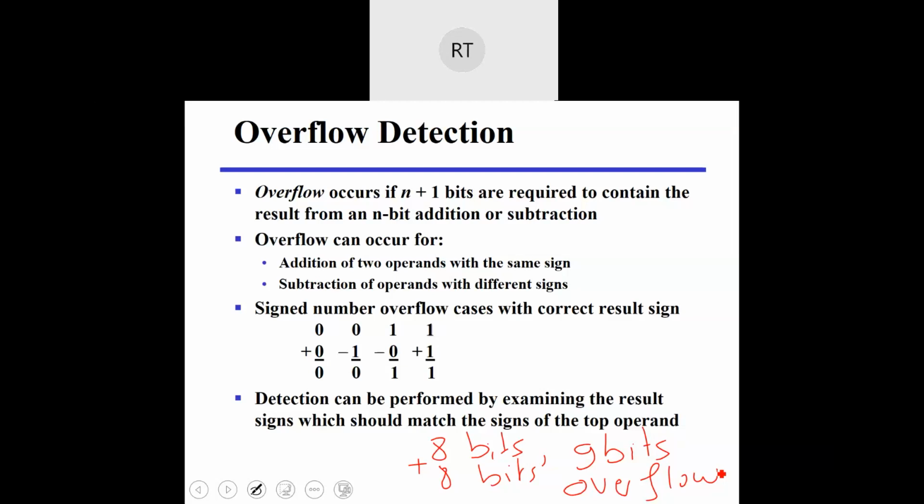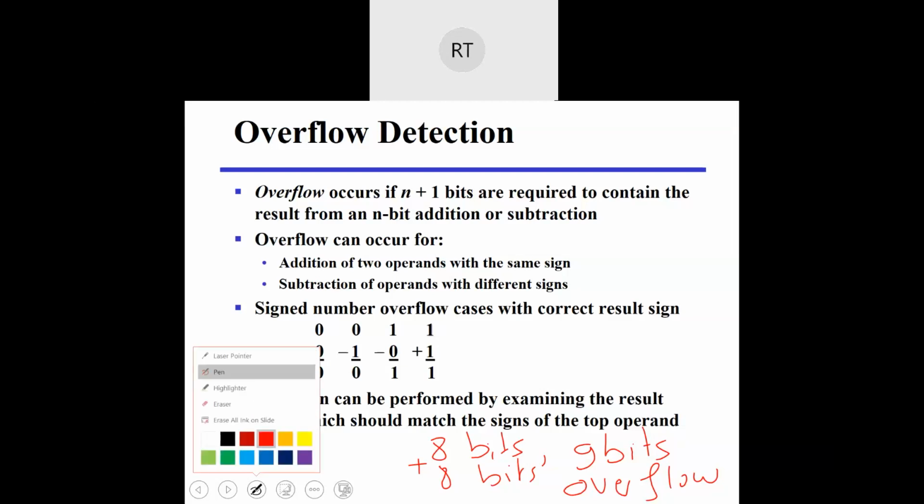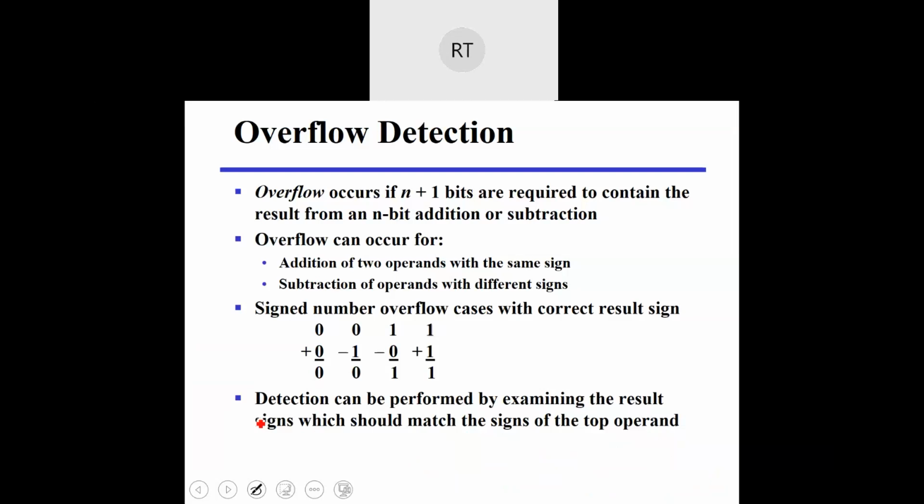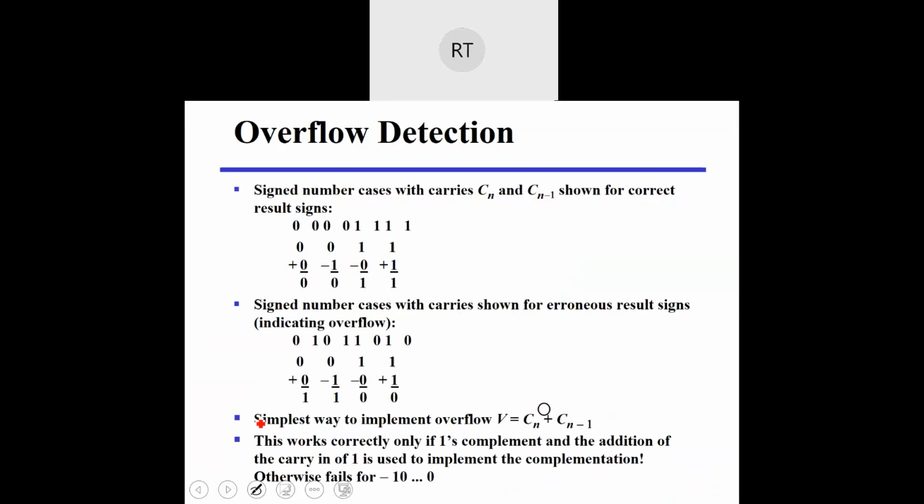Detection can be performed by examining the result sign, which should match the sign of the operands. So if you are adding two positive numbers, you should expect to have a positive answer. But if you got a negative answer, then it is an overflow. Okay? Signed number cases with carry Cn and Cn minus 1, shown for correct result signs.